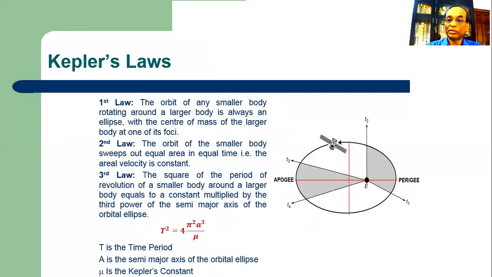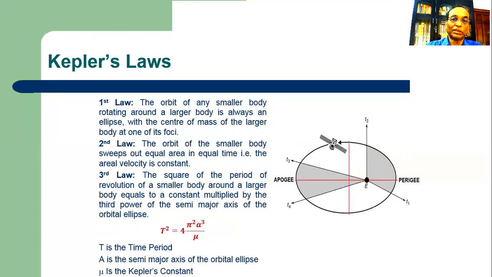Kepler's law. Kepler gave three laws regarding the revolution of one body around another body. The first law: the orbit of any smaller body rotating around a larger body is always an ellipse. It is not a circle. Here, the larger body is the Earth and the smaller body is the satellite.